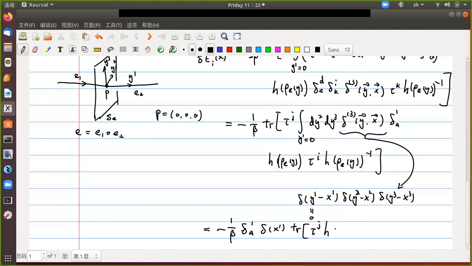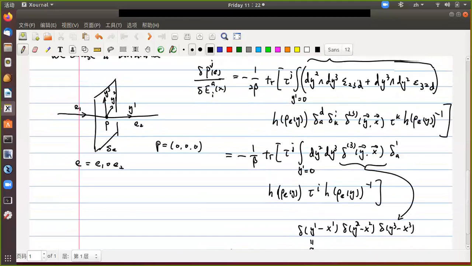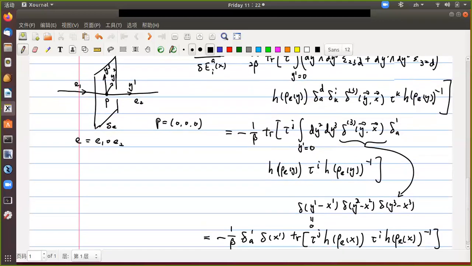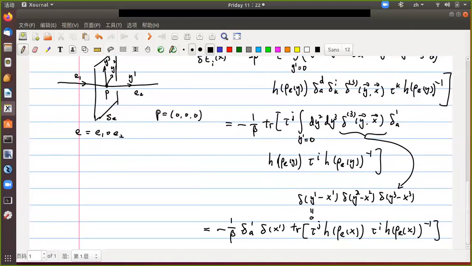Okay, h rho e, you replace y by x, and tau I, h rho e x. Okay, so this is the final result of the functional derivative of flux with respect to E. Okay, and you can see that the result is distributional because you have a delta function in the result.